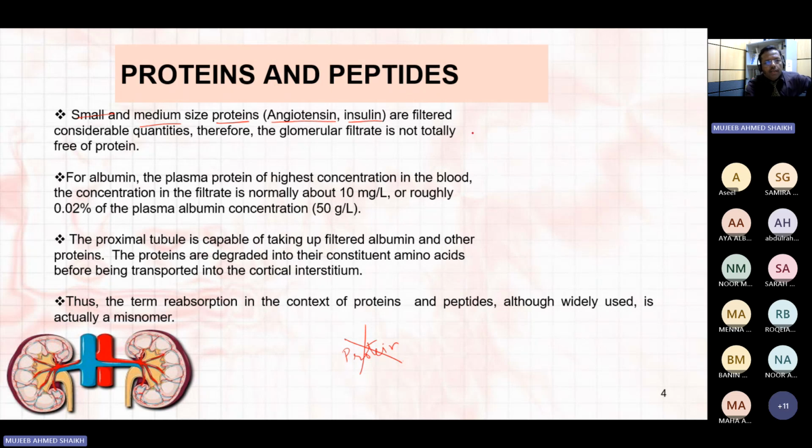So there may be protein present, but not in large quantity, a very, very minute quantity. For that, let's see the example of albumin. Albumin is the major protein. How much is the normal value for albumin in the plasma?